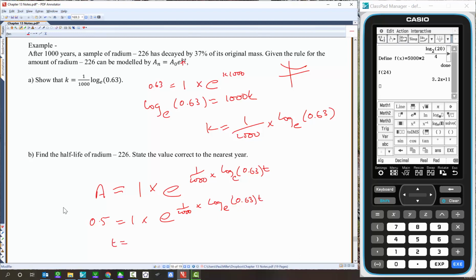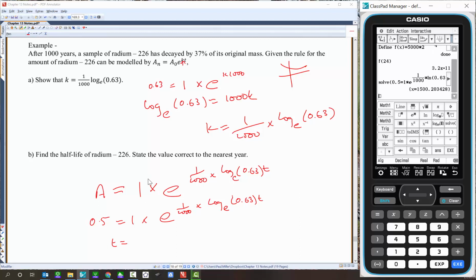On the calculator, we're going to work that out. I'm going to say solve 0.5 equals 1 multiplied by, and we're going to grab shift 4 for e to the, and shift divide for the fraction 1 over 1,000 multiplied by shift 5 for ln, natural logarithm, 0.63 times x, and we want to solve this for x.